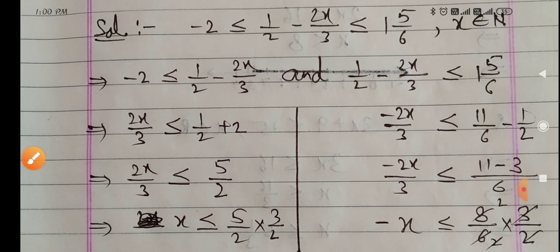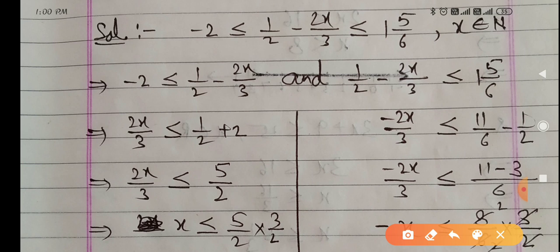Now the second portion you see. 1 upon 2 minus 2x by 3 is less than equal to 1 whole 5 upon 6. Minus 2x upon 3 is less than equal to 11 upon 6 minus 1 upon 2. Take 1 upon 2 from LHS to RHS.